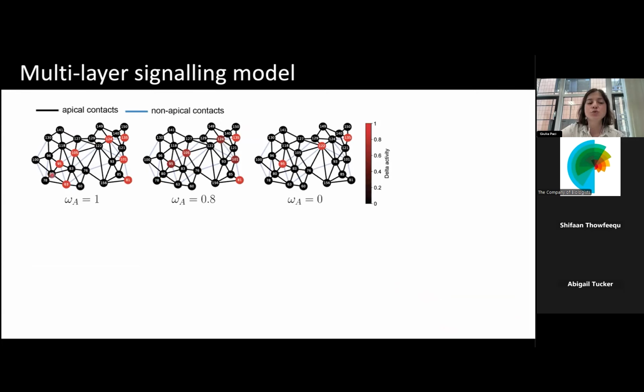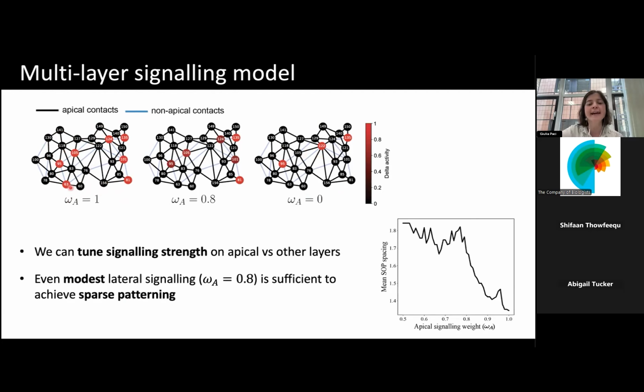We can get simulations where there is only apical signaling, so we are weighting everything towards the apical layer, versus the opposite case where we're weighting everything laterally. As you see, this changes the cells that are predicted to be SOPs, so it also changes how packed the pattern is and the spacing of the pattern.